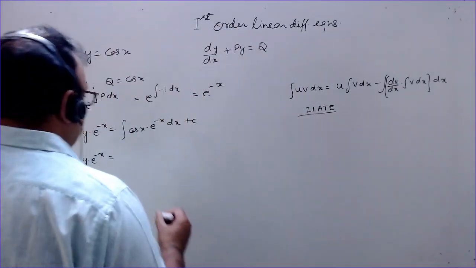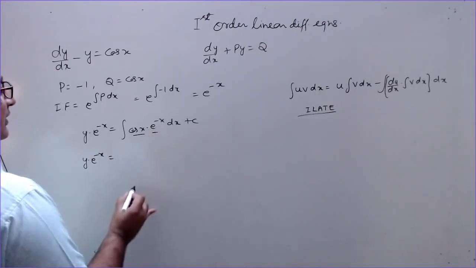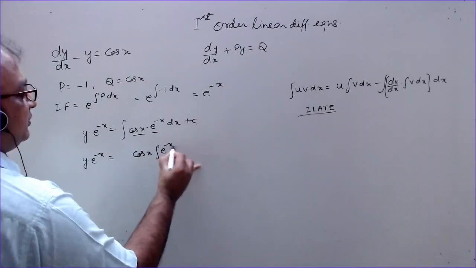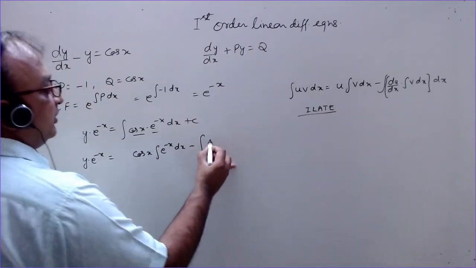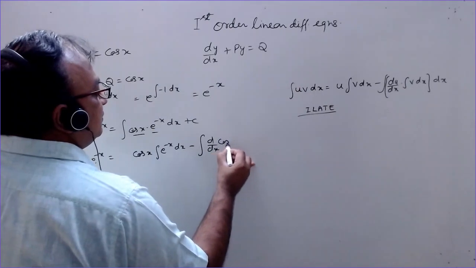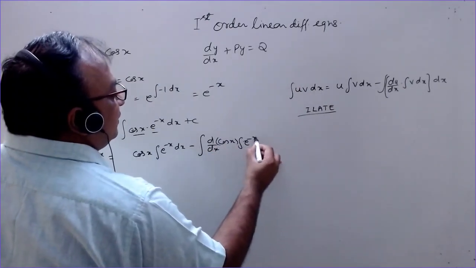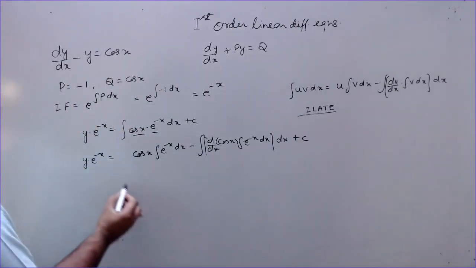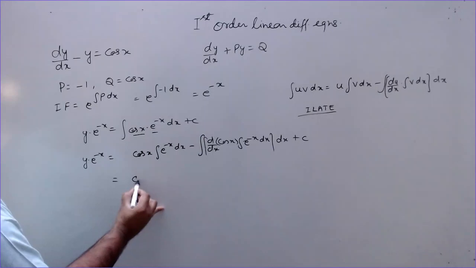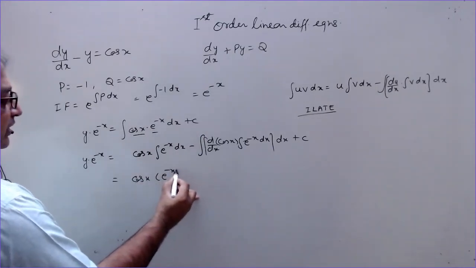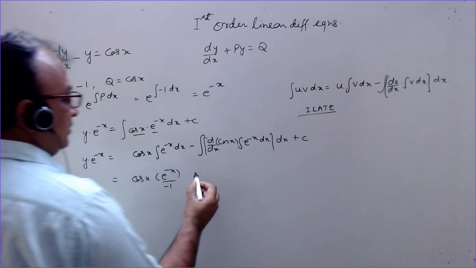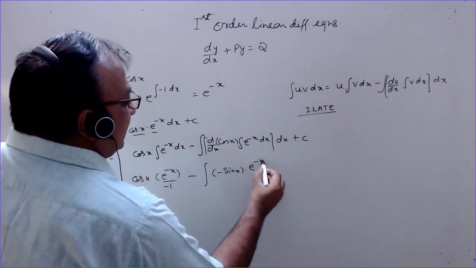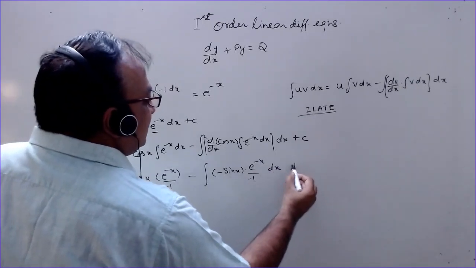So if you take this as first function and this as second function, then it is first function into integral of second, minus d by dx of first function into integral of second function, and whole integral plus c. So this is equal to cos x e to the power minus x over minus 1, minus sin x into e to the power minus x over minus 1 dx plus c.